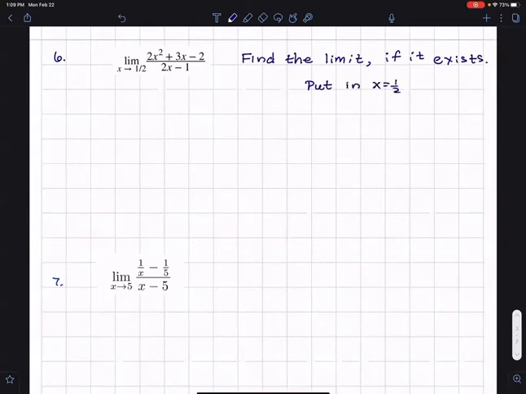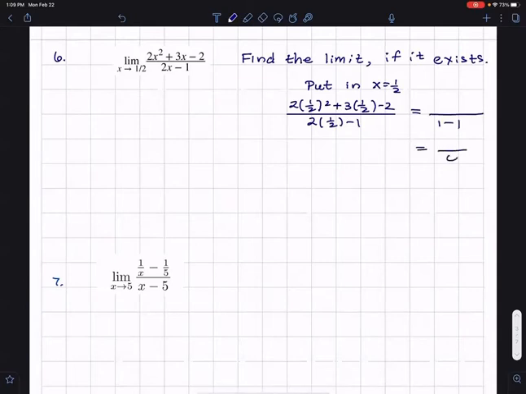If I do that, I get 2 times 1/2 squared plus 3 times 1/2 minus 2 in the numerator. In the denominator, 2 times 1/2 minus 1. In the denominator, it's easier to see that that's going to give 0. It's a little more tricky in the numerator, but it's also going to give 0.